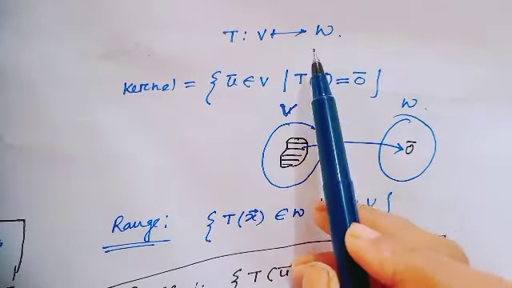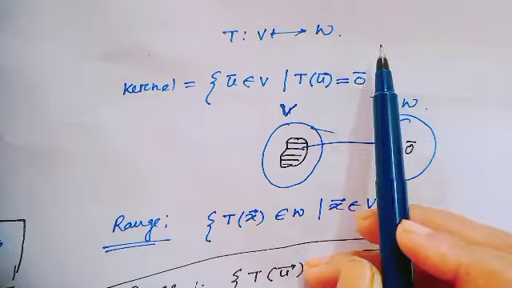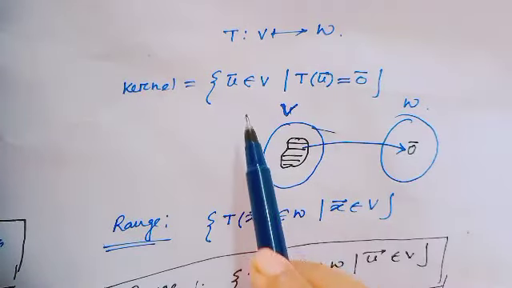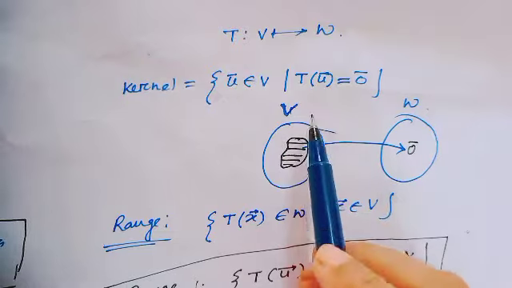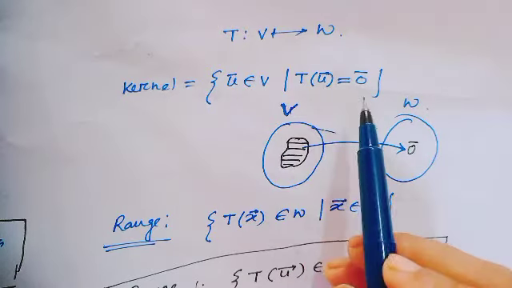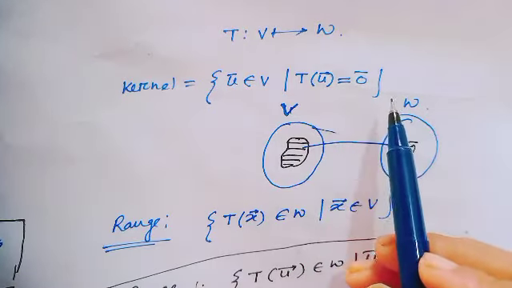Consider a linear transformation T from V to W. Then kernel equals the set of those u in the vector space V such that Tu equals the zero vector.